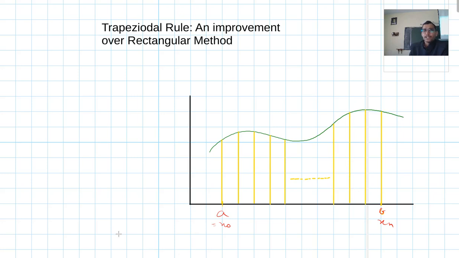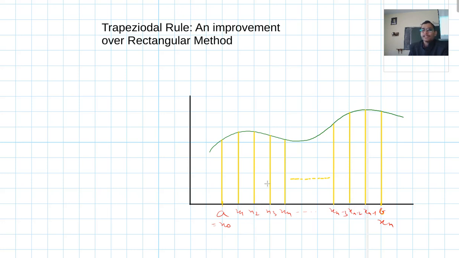Let us note down: it is x naught, x1, x2, x3, x4 and so on, up to xn minus 3, xn minus 2, xn minus 1, xn.